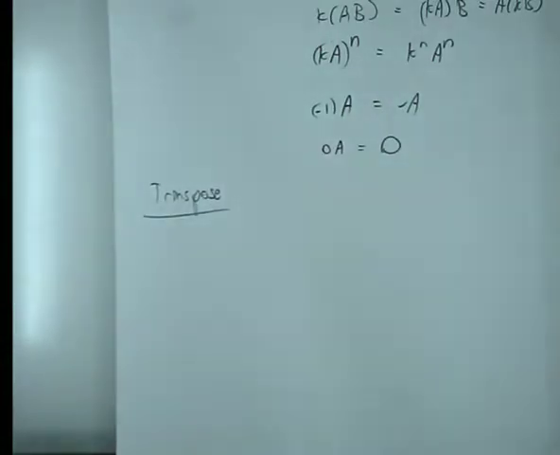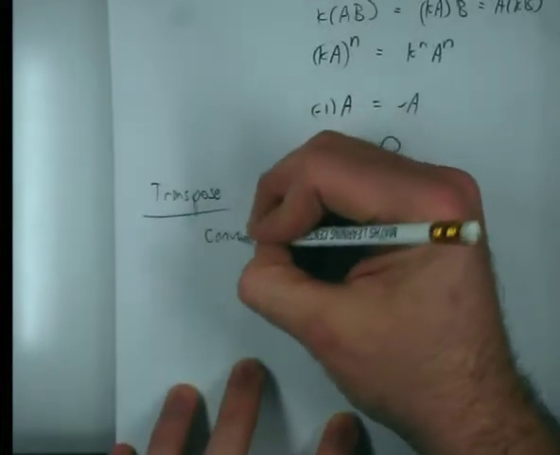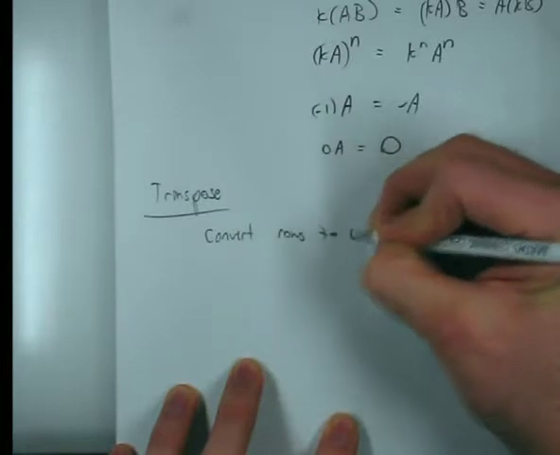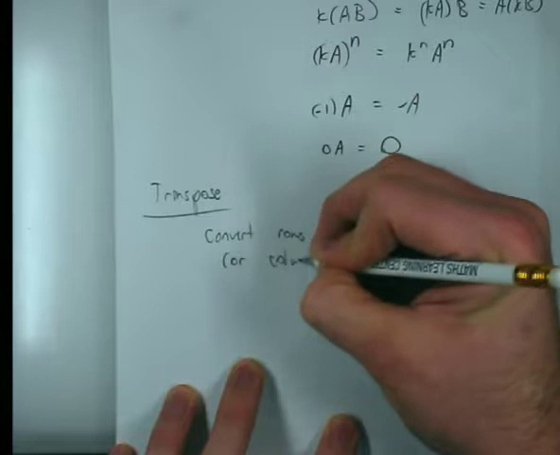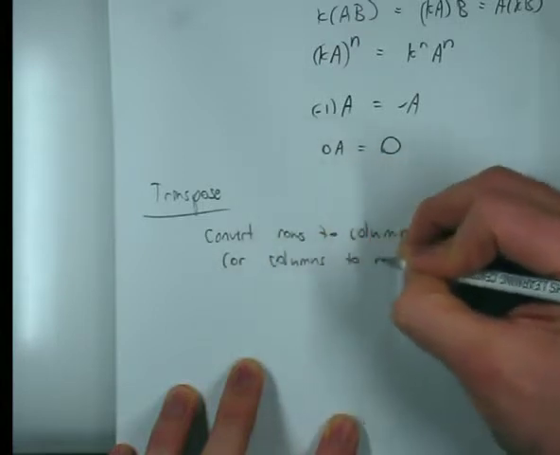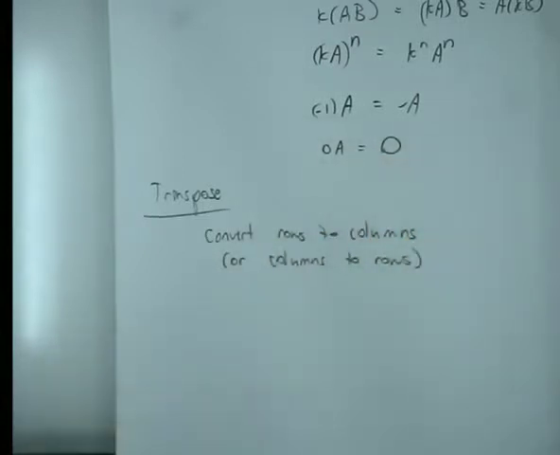We can do transpose. So matrices are rectangular arrays. We can switch them around and convert all the rows to columns or all the columns to rows. That's what the transpose does. And we write it as a power, which means that when we look at it in algebra, we always do it before addition. Okay?